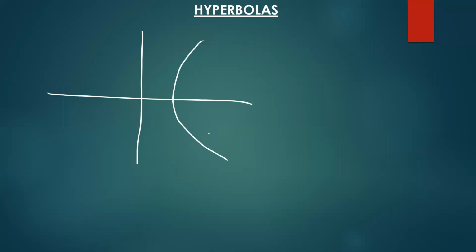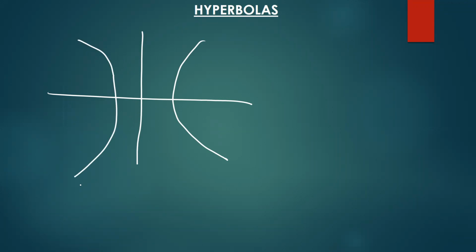Okay, let me do this. All right, so I was saying you have the XY plane like that. And then the hyperbolas, these are curves which come out like this. So you have something like that. Maybe you also have another curve like that. And you have, let me draw it properly. You have another curve like that.